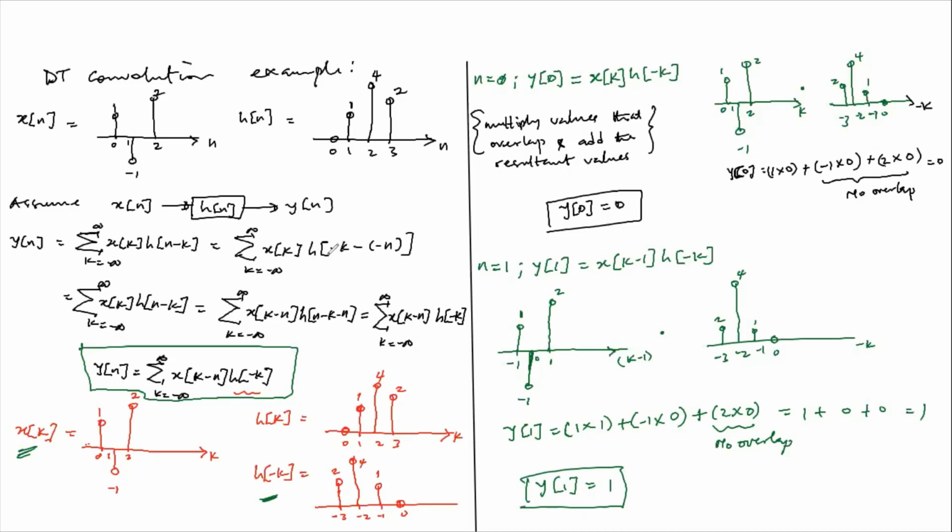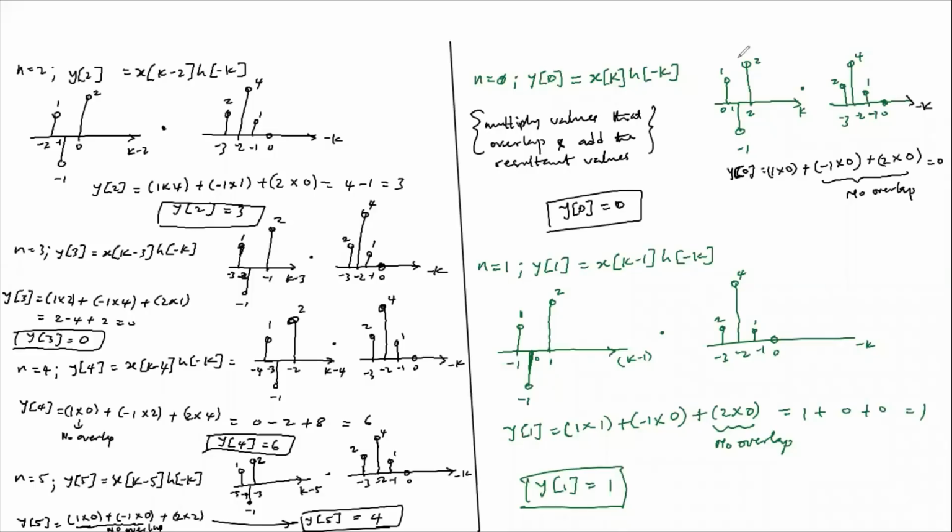Okay. So I'm going to wipe this part while we solve for the others. We'll continue from where we stopped here. And you see that at n being the same as 2, y of 2 will be the same as s of k minus 2, h of minus k. So we already have this in place. So this is minus 2, minus 1, 0.